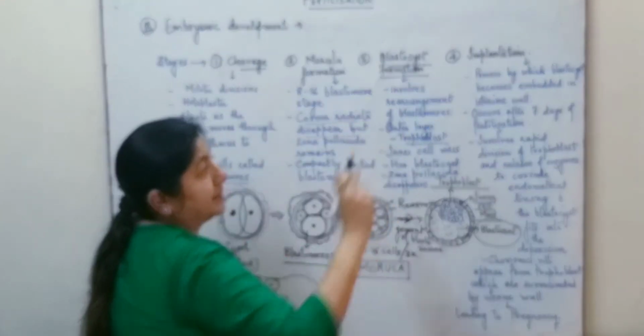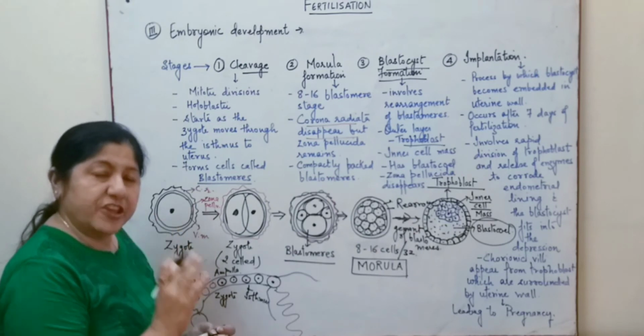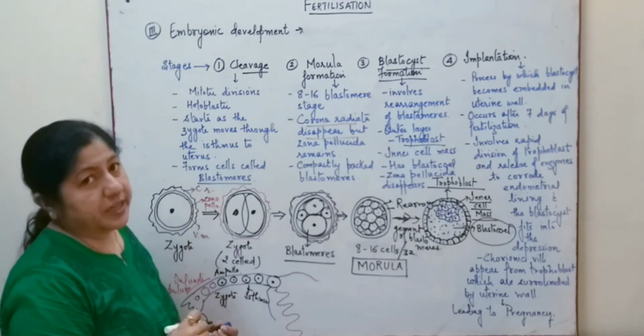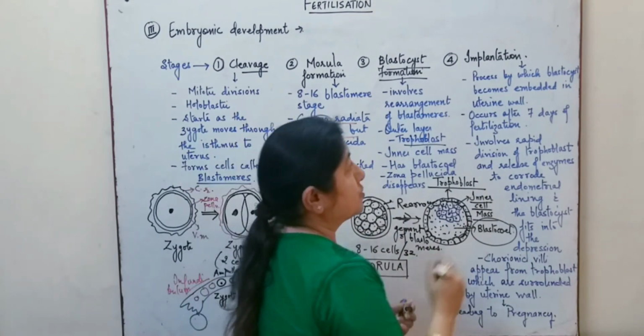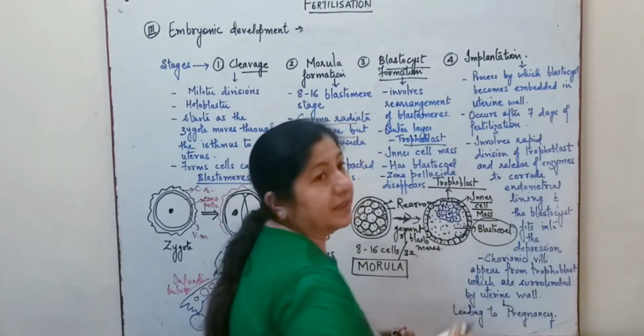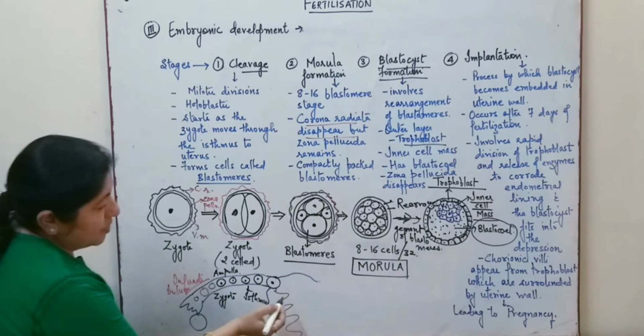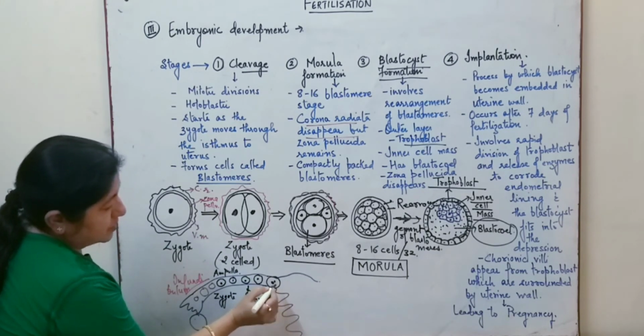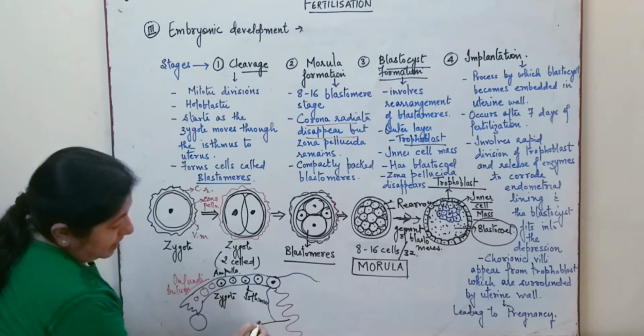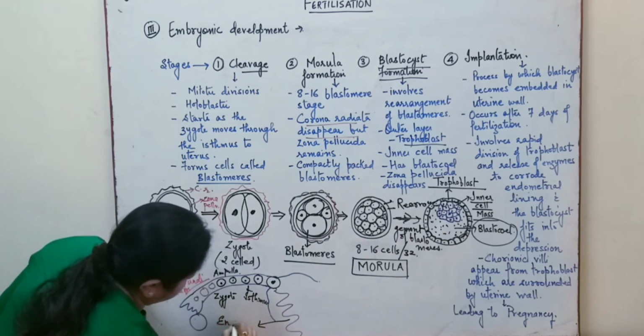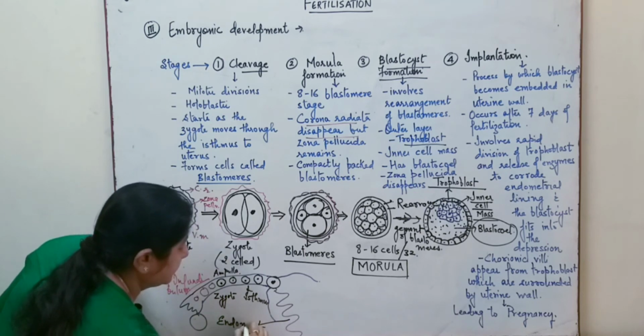Now, implantation is a very important phenomenon, a process in which the blastocyst becomes embedded in the uterine wall. So you can see over here the blastocyst, and this is the uterine lining, that is the endometrium.